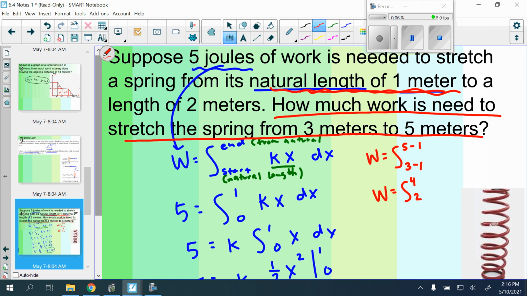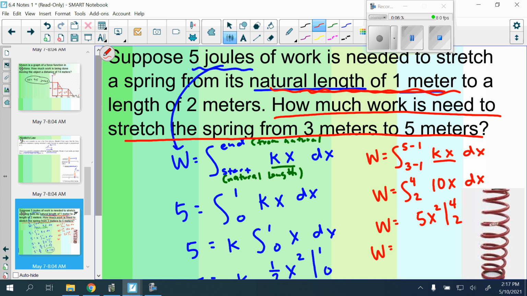Our work function is kx dx because it's a spring, so we always use spring constant times x. We know our spring constant for the same spring now is 10, so this turns into 10x dx. Now, if we integrate that, that should give us our answer here. The antiderivative of 10x would be 5x squared, from 2 to 4.